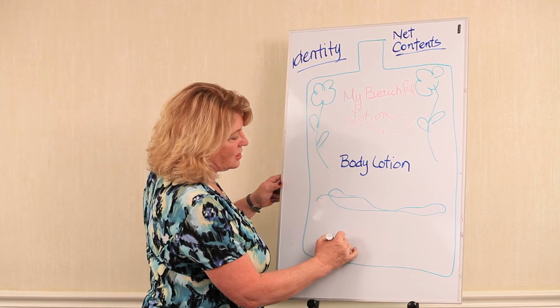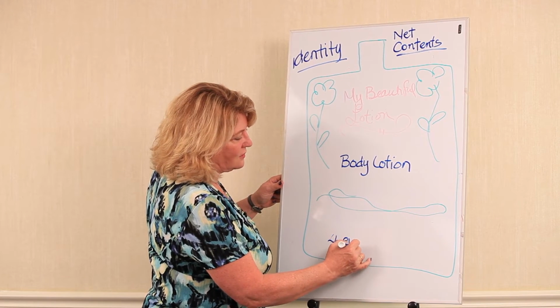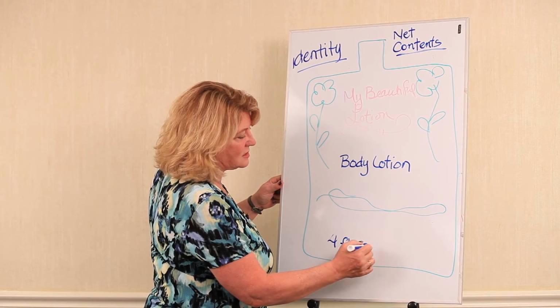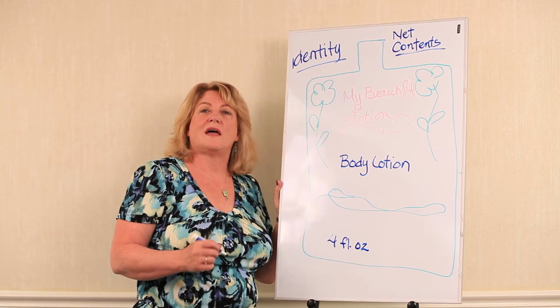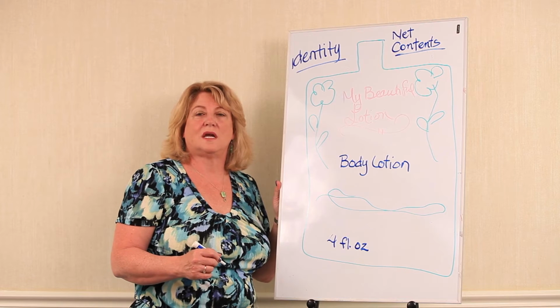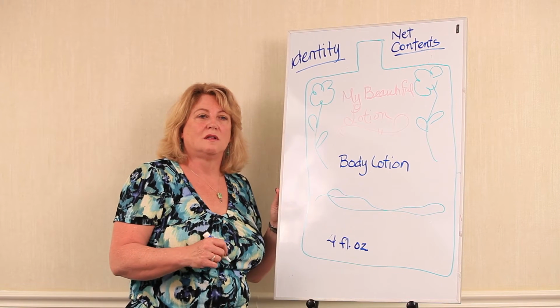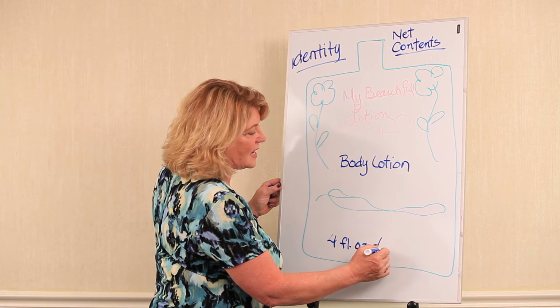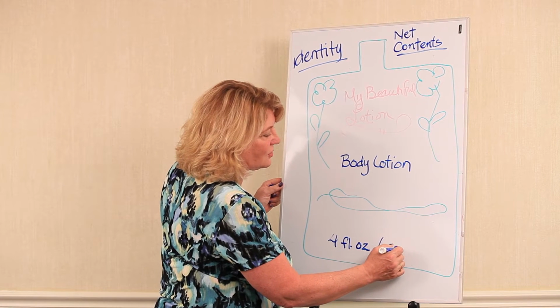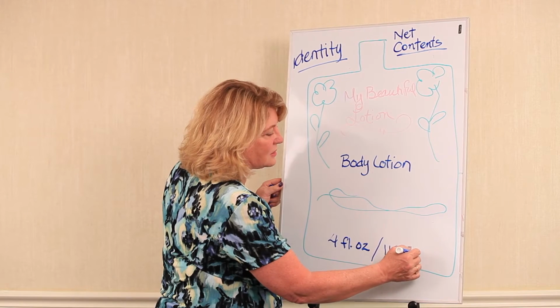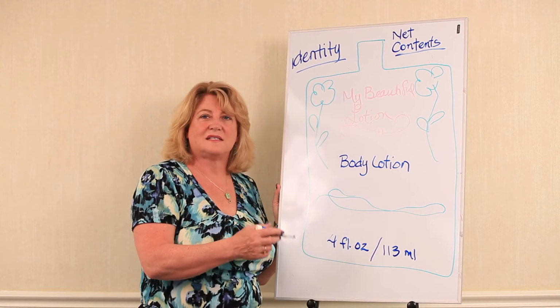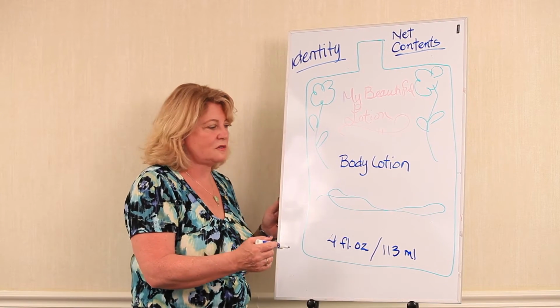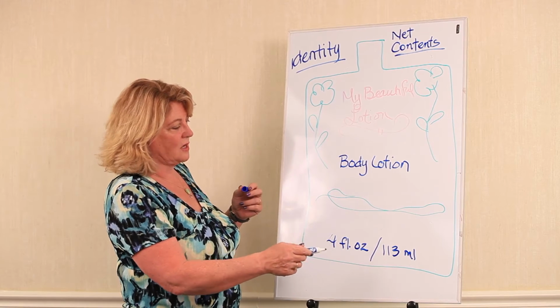So you would put on here that it's 4 fluid ounces. In the United States, we also need to put metric. That's part of the laws both at the federal level and the state level. So then you would also say it's 113 milliliters, because that's the measurement for milliliters for the metric.